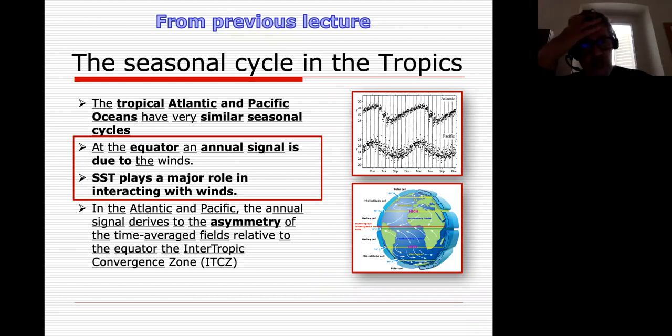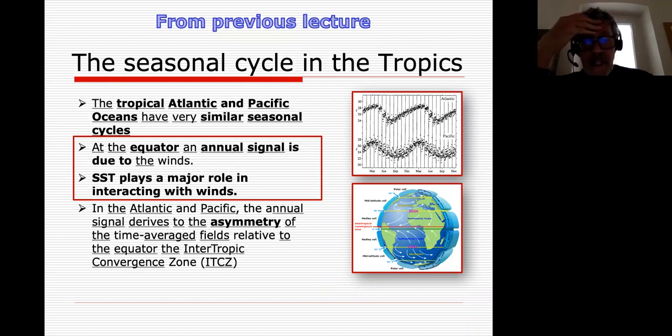I just want to comment again on some points of this slide. Essentially, the important issue for us is that at the equator, the annual signal is due to wind.